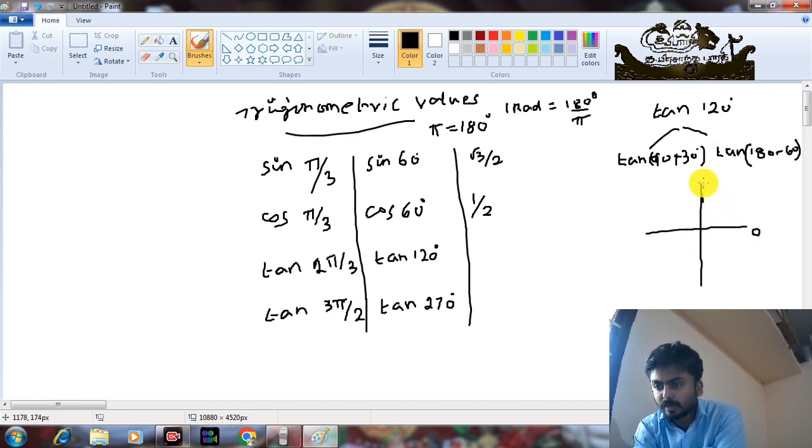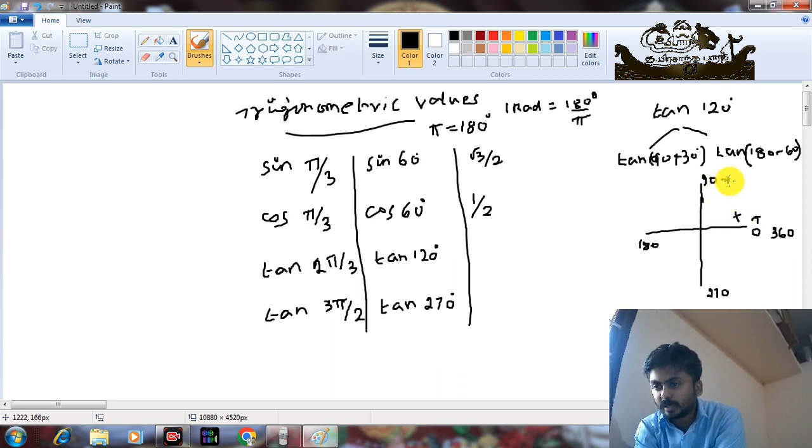So for tan 90 plus 30, first I shall write here 0, here 90, here 180, here 270 and here 360. In the first quadrant we will have 0 plus theta, so sin theta, cos theta, tan theta, all these things are positive.